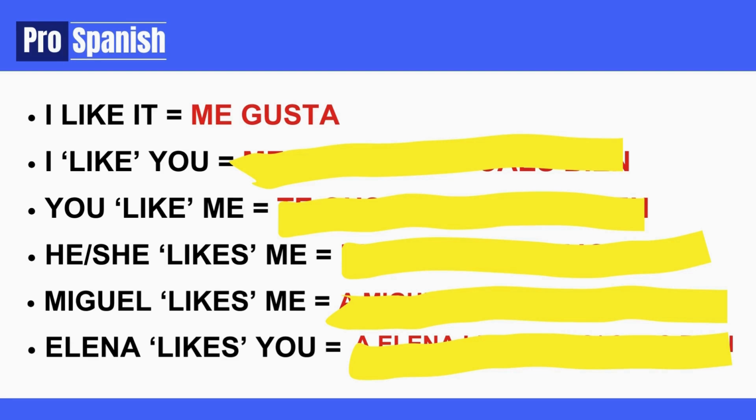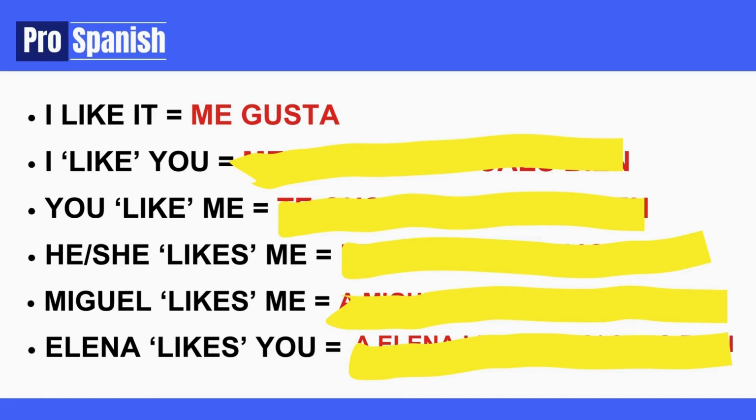So I've said me gusta is I like it, but it can also be I like him or I like her, because it's he, she, or it is pleasing to me. Me gusta.